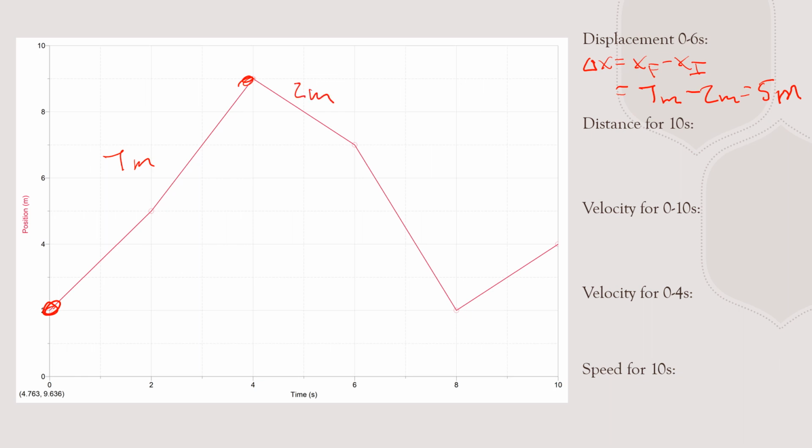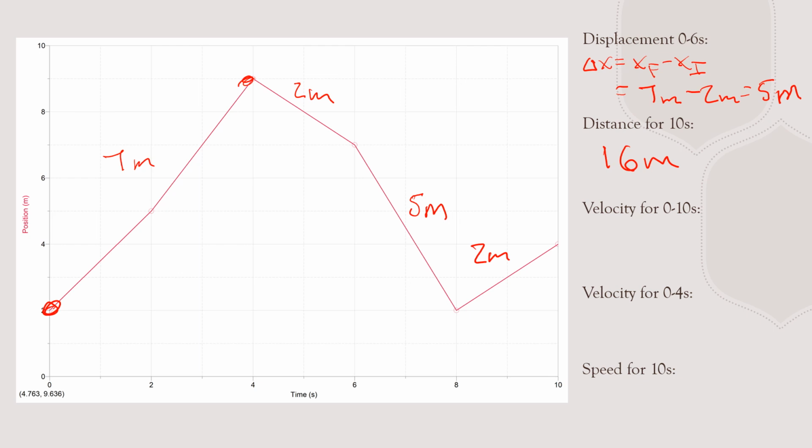And then they went from 7 down to 2, so 7 to 2 is going to be 5 more meters that they traveled. And then they went from 2 to 4, so that's an additional 2 meters. So all of those, regardless of direction, are positive numbers, are going to add together. So we get 7 plus 2 is 9, plus 5 is 14, plus 2 means they went a total of 16 meters for the entire motion.